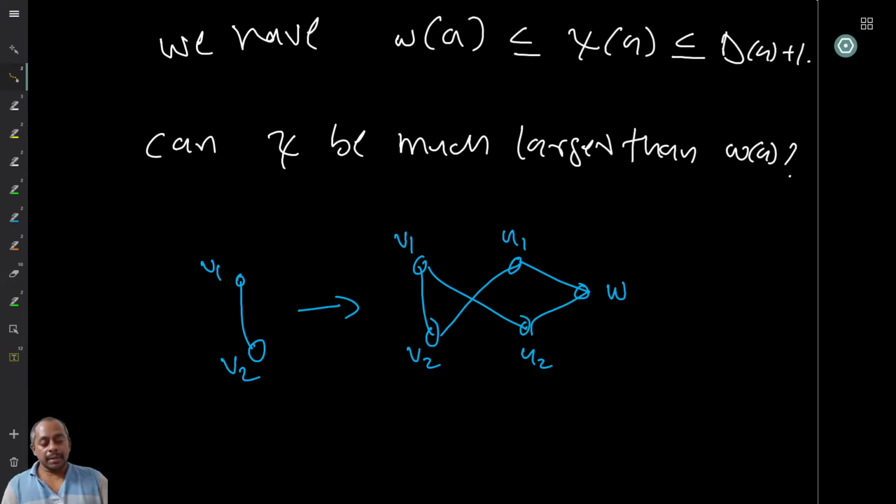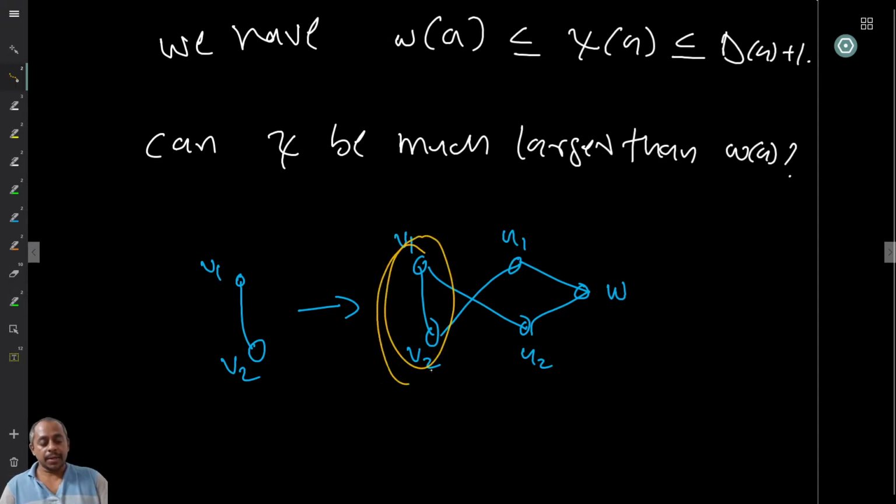Now similarly, there was no triangle in this graph, so now there is no triangle here. Now can this create a triangle? U1 is adjacent to all the neighbors which were copies of the neighbors of V1. So if I look at the graph with just U1, this U1 cannot be part of any triangle because U1 is precisely like V1 in the graph.